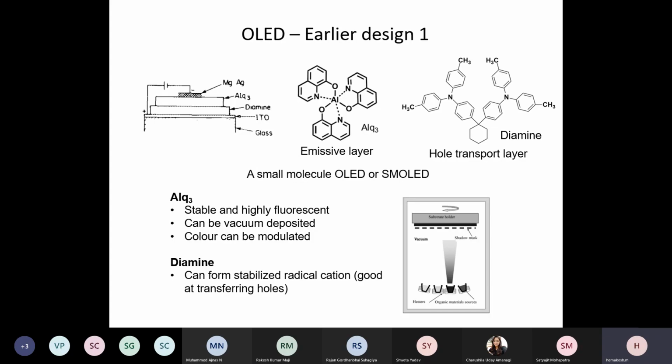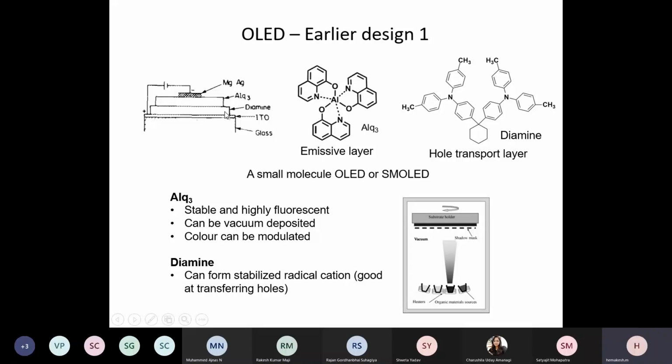So the earliest design for a small molecule organic LED is shown like this. You have a glass substrate. Earlier on, glass was convenient because deposition of indium tin oxide is a lot easier on a glass substrate. So you have the anode set up, usually a transparent anode.